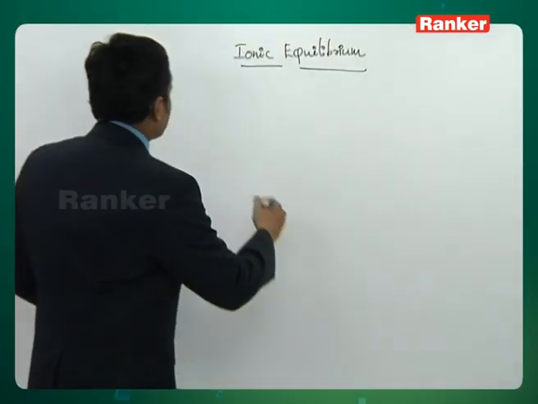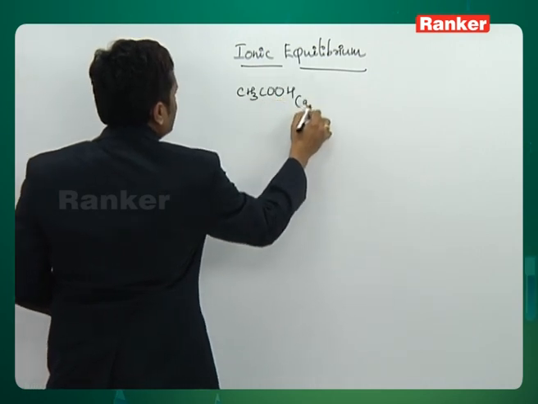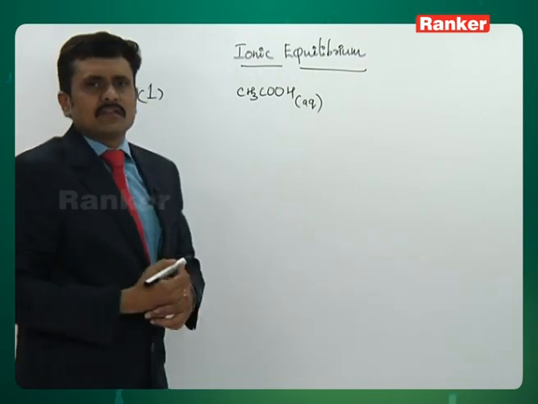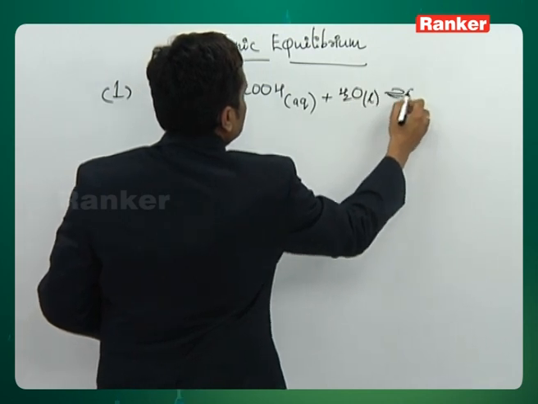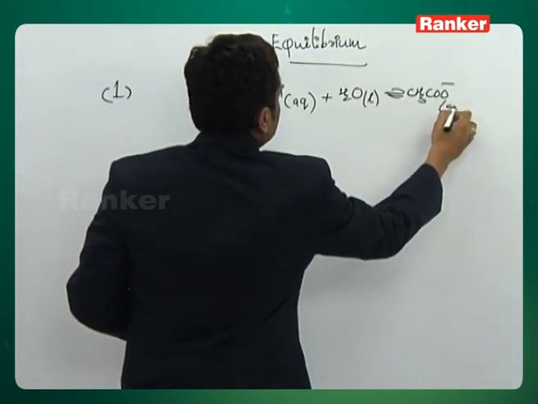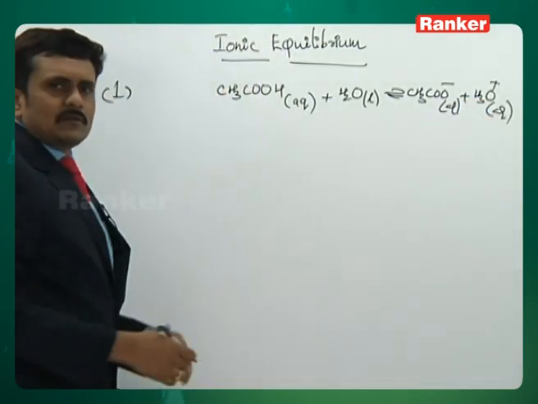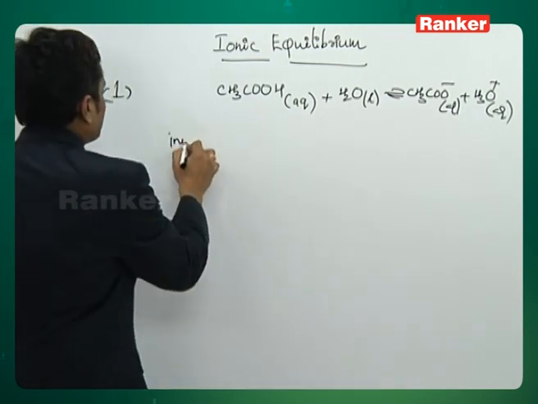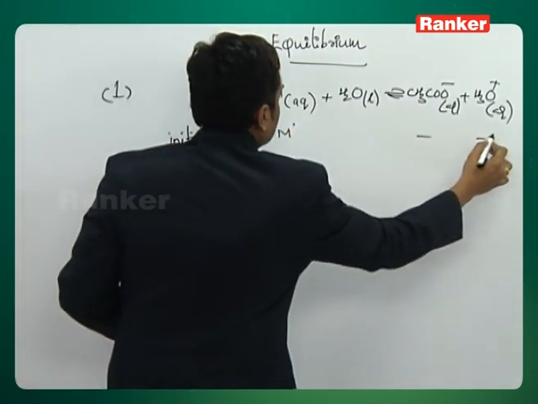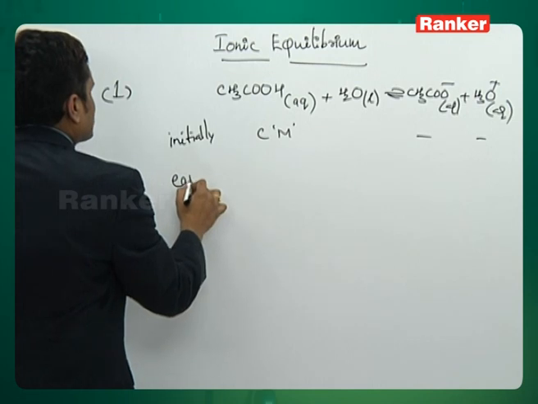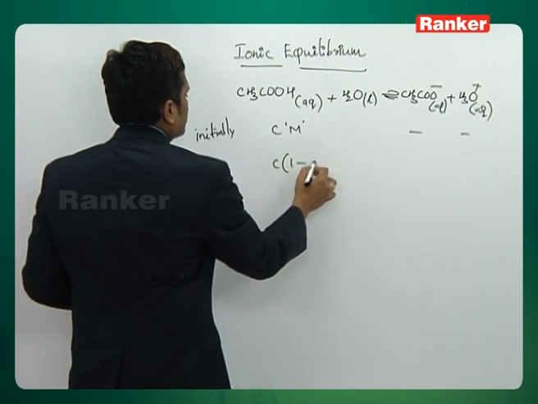Now we know that if I take any weak acid or weak base, or any weak electrolyte undergoing dissociation in water, which is a pure liquid, you will be getting the conjugate acid-base pair. Initially, I start the dissolving process by taking C molar of acetic acid, and as it reaches equilibrium, let's assume the degree of dissociation is alpha.